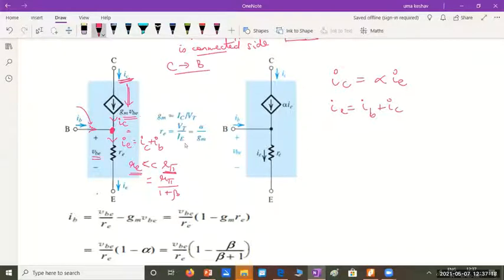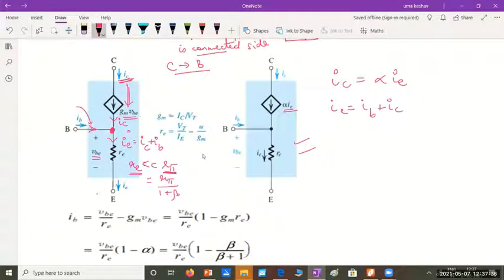All this is true. So the same T model can be written in this shape also. Only thing is we are considering the current value to be written differently, in terms of alpha and IE.